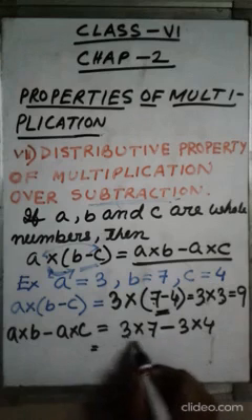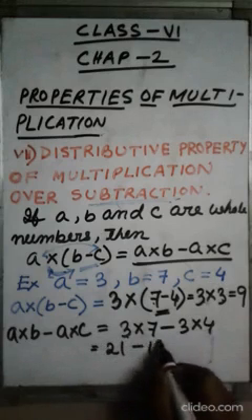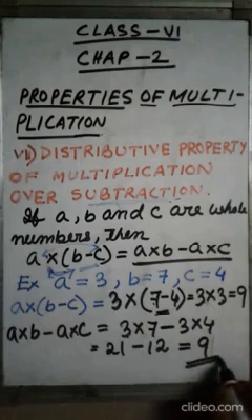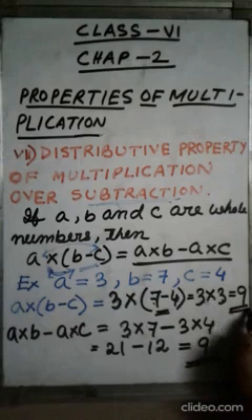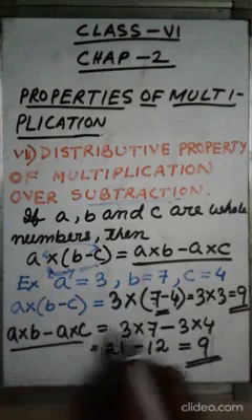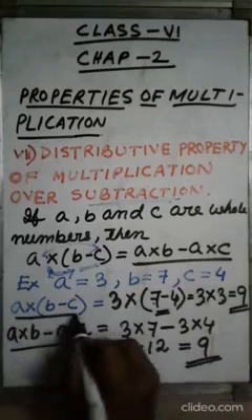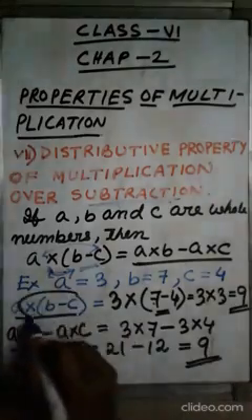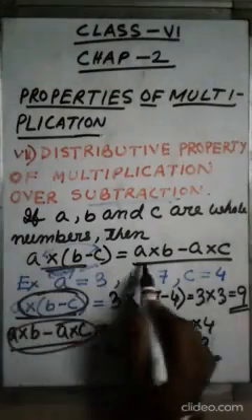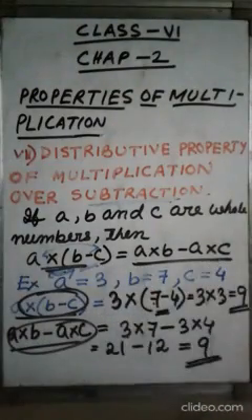So 3 into 7 is 21 minus 3 into 4 is 12, which is equal to 9. So this 9, this is also 9. Therefore, this part is equal to this part.